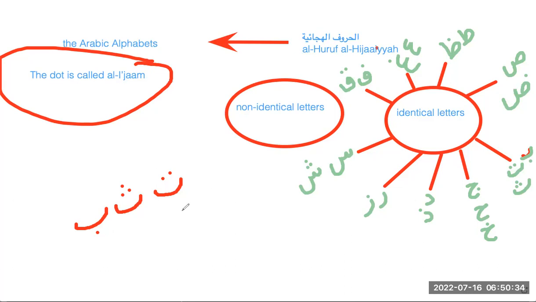The same thing also applies to the letters Jim and Kha, though Ha doesn't have i'jam. Without i'jam, we will read all these letters as Ha. But with i'jam, let's say we have a dot on top of the shape, that will give us Kha. What if we have it at the bottom? That will give us the letter Jim.